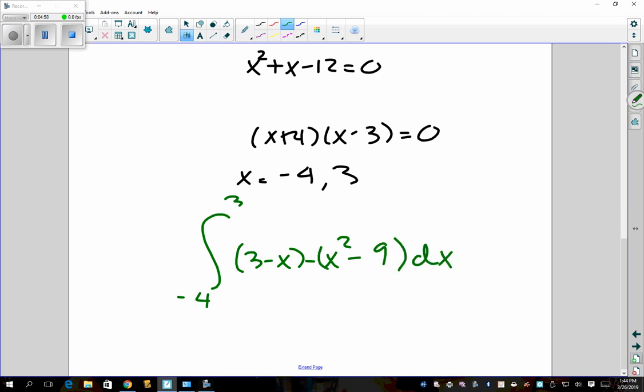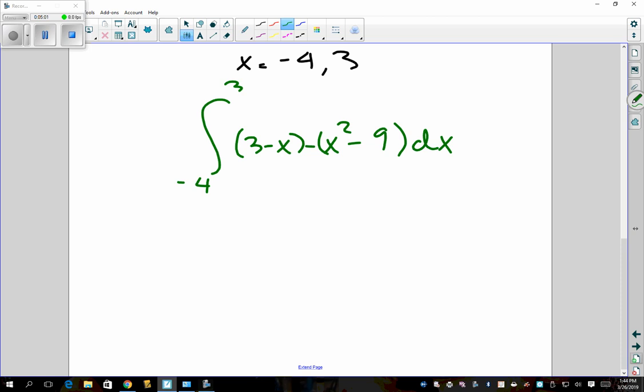Remember, we're taking the whole function, x squared minus 9. And so I'm just going to integrate these. I'm going to combine like terms before we integrate. So this becomes negative x squared plus 9. So we get negative x squared minus x plus 12 dx.